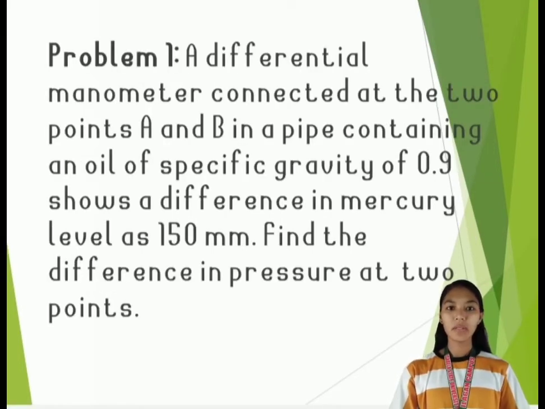A differential manometer connected at the 2 points A and B in a pipe containing an oil of a specific gravity of 0.9 shows a difference in mercury level as 150 mm. Find the difference in pressure at the 2 points.